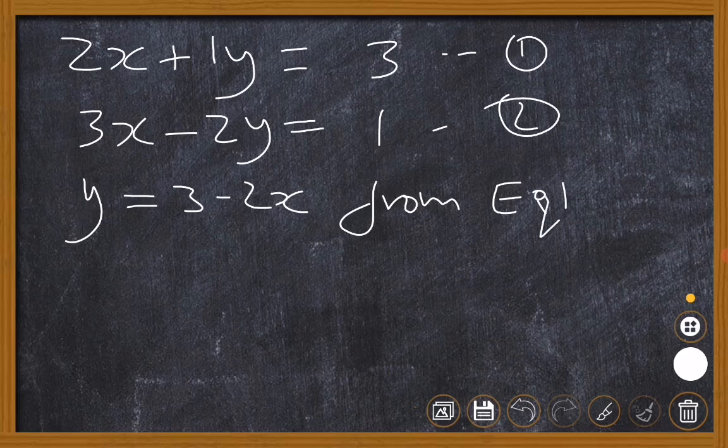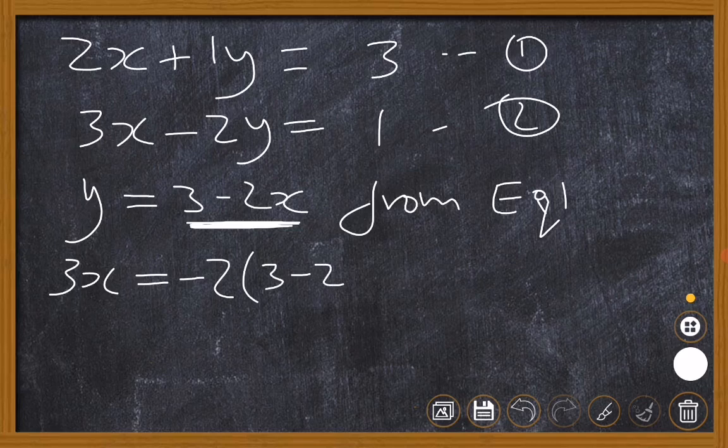What we can then do is take this y expression and substitute it into the second equation. Everywhere we've got y, we put this expression in there. So we've got 3x minus 2y, but for y we put 3 minus 2x, because we know from the first equation that y is equal to this.